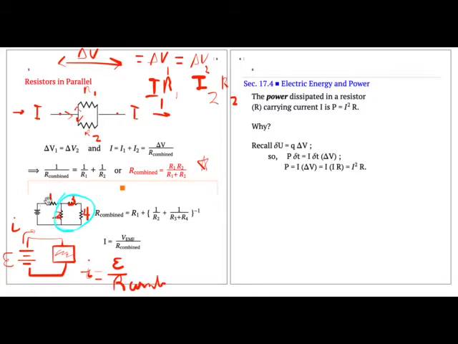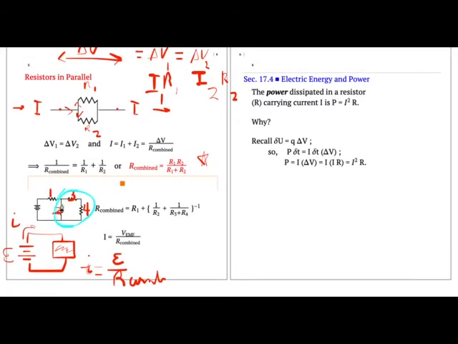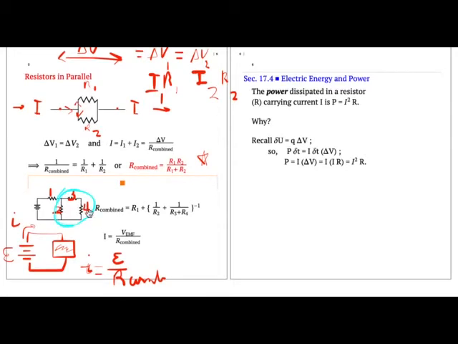So the current through I1 is the same as the current through the combination of 2, 3, and 4. Now, 2, 3, and 4 is a parallel combination of 2 and 3 and 4. And the series combination of 3 and 4 is R3 plus R4.